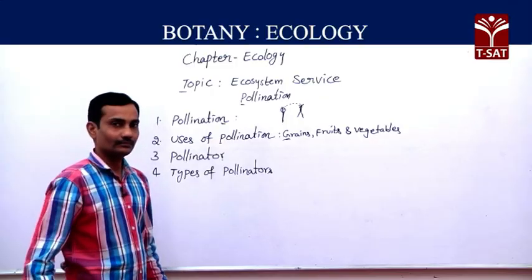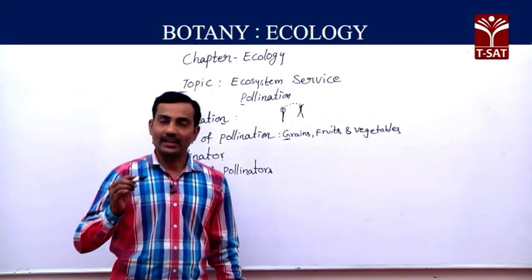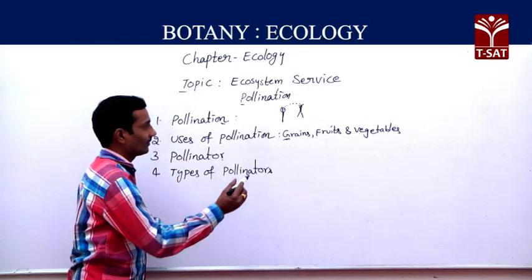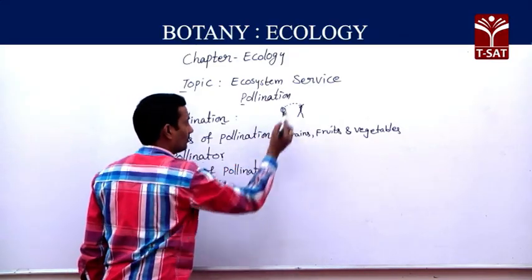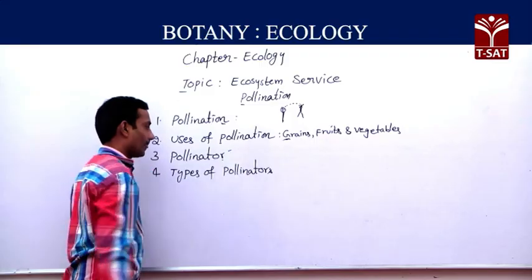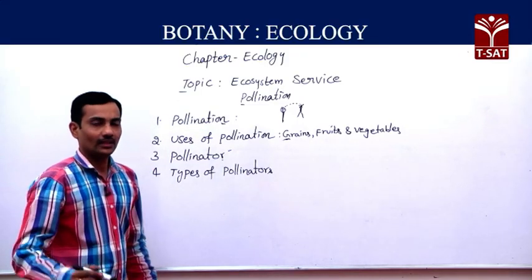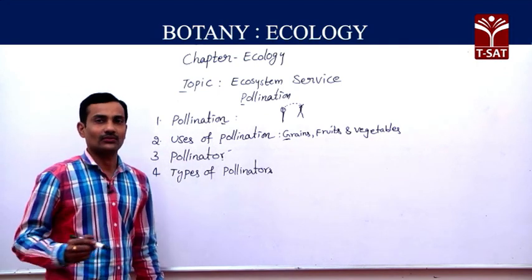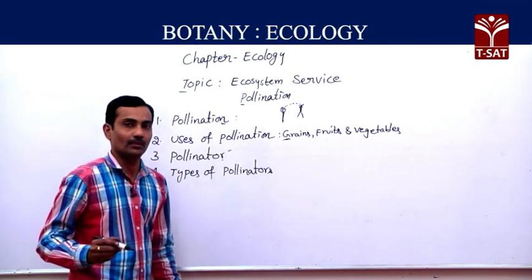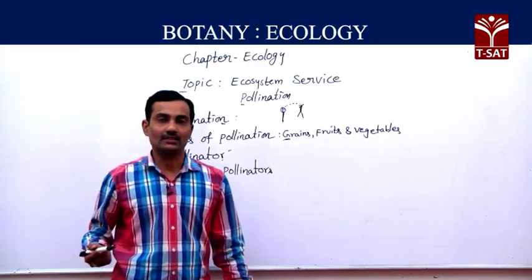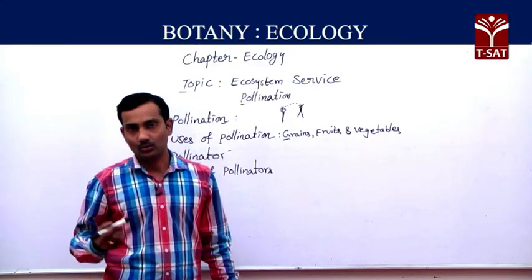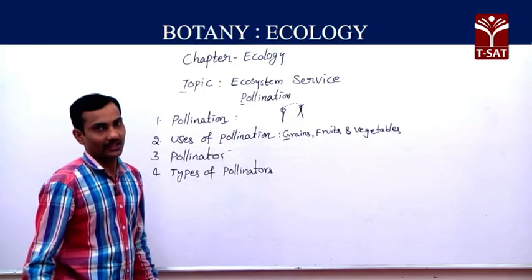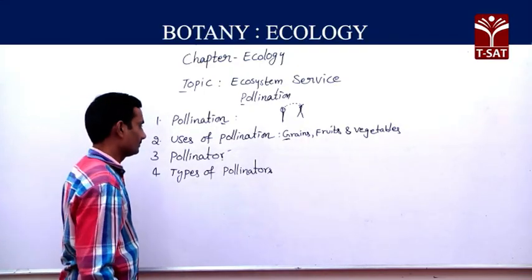Pollinator: the agent which carries pollen grain from the anther to the stigma of the flower is known as a pollinator. Pollinators mainly help transfer pollen grains from the anther to the stigma. Pollinators are broadly divided into two types, abiotic and biotic pollinators.